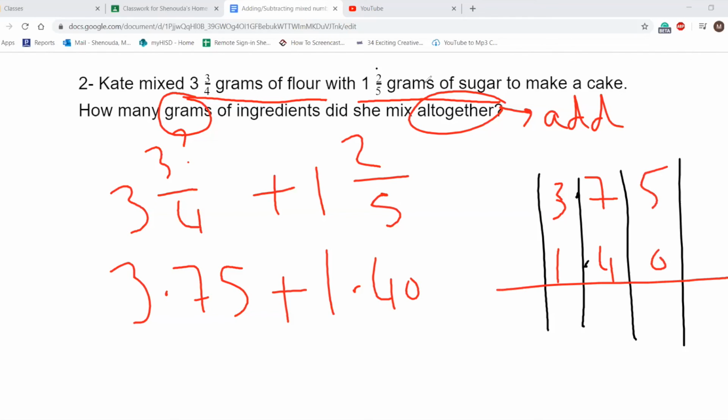Now that all my numbers are aligned, I can add. 5 plus 0 is 5. 7 plus 4 is 11, write 1 and carry the 1. Make sure to bring the decimal point all the way down. 1 plus 3 is 4, plus 1 is 5. So to write our answer in a full sentence, we're going to say, Kate used 5 and 1,500 grams of ingredients in all, or all together.